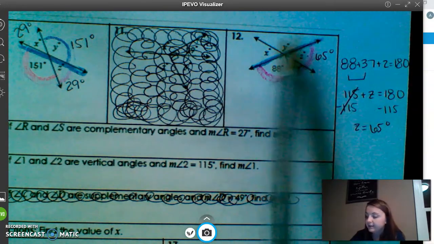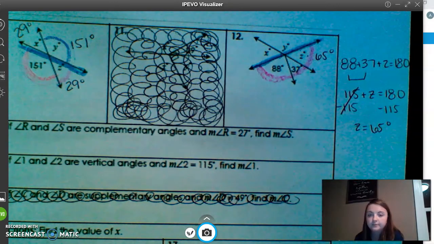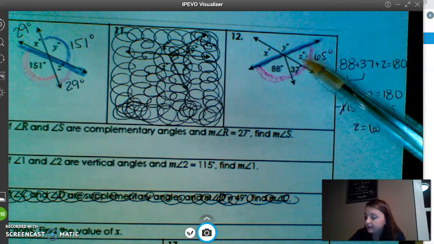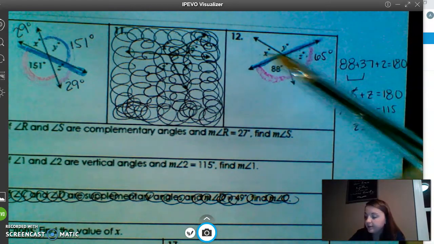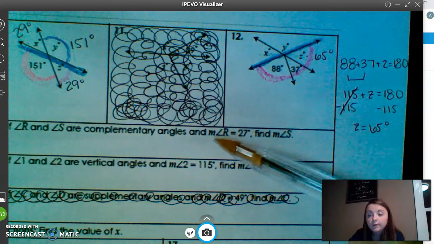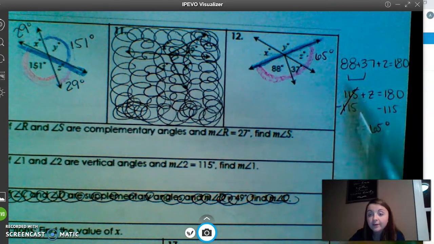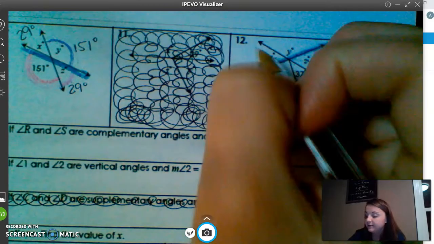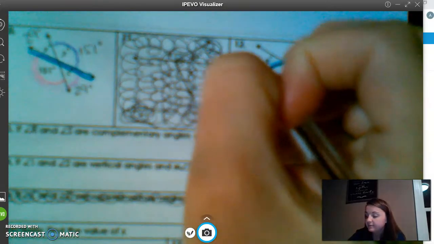Now I have to find x and I have to find y. Well, if we look, x and z are straight across from each other, so that means they're vertical angles. What do we know about vertical angles? We know that they are congruent always. So if z is 65, so is x.